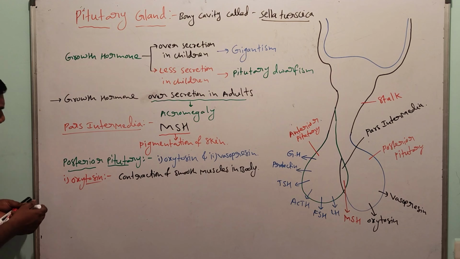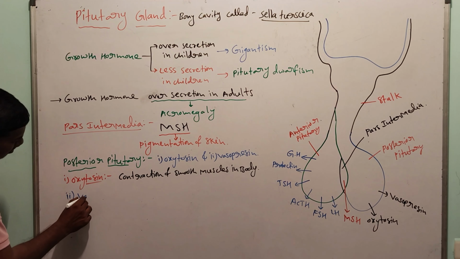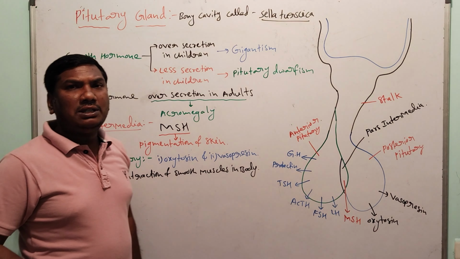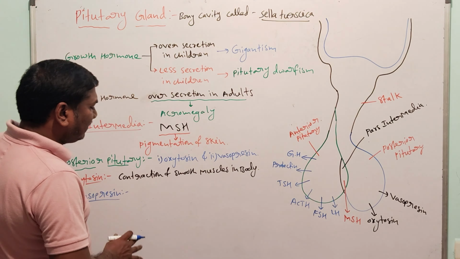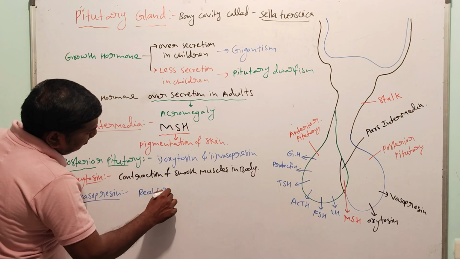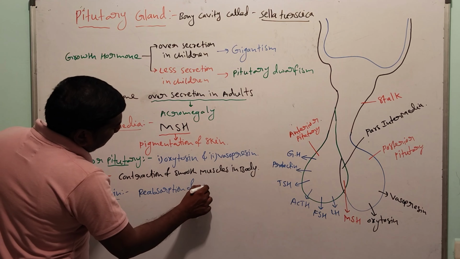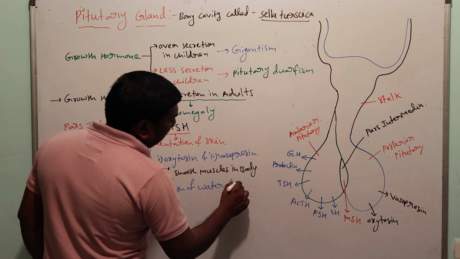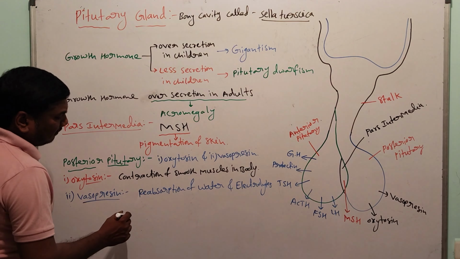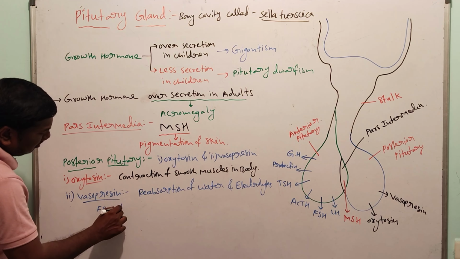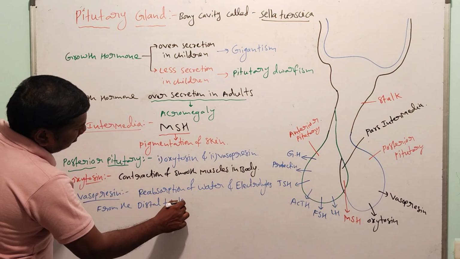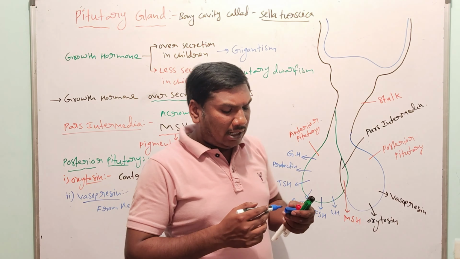Second one is vasopressin. The vasopressin hormone acts on the kidneys, where its function is the reabsorption of water and electrolytes from the distal tubules.